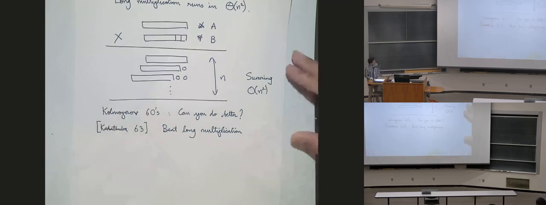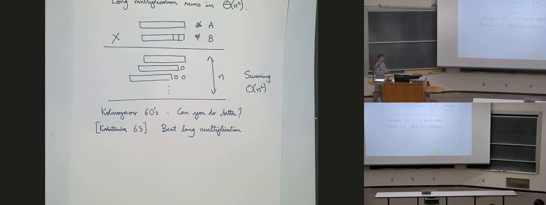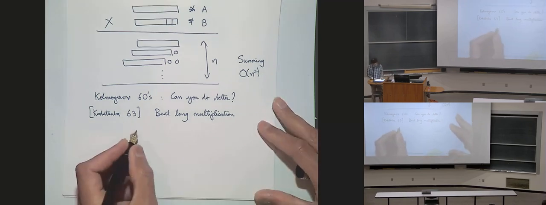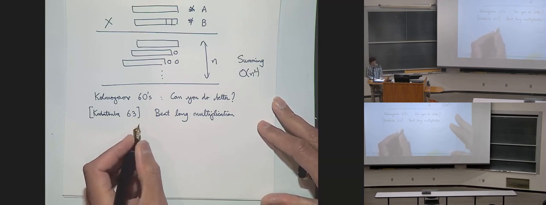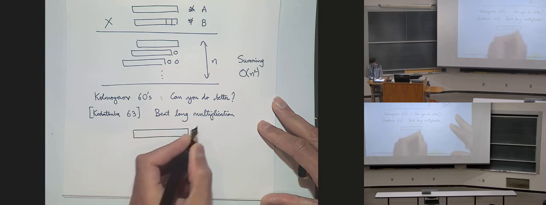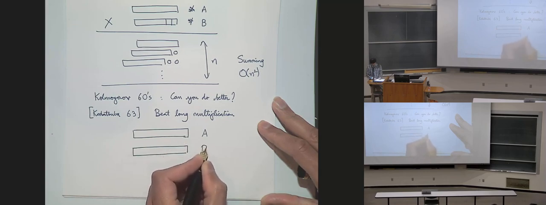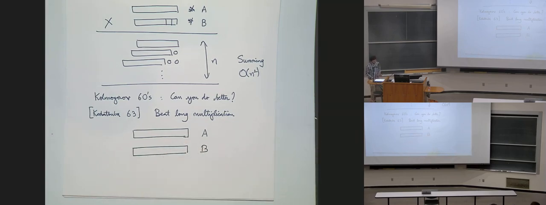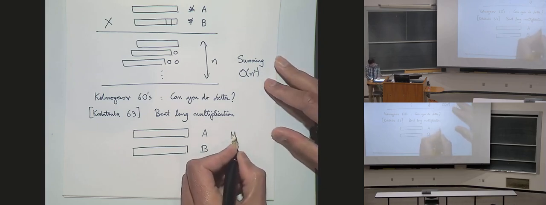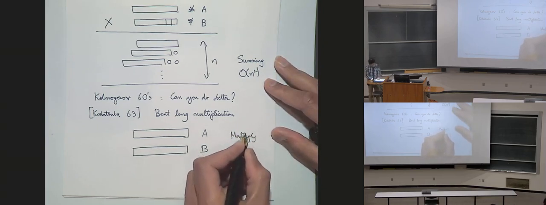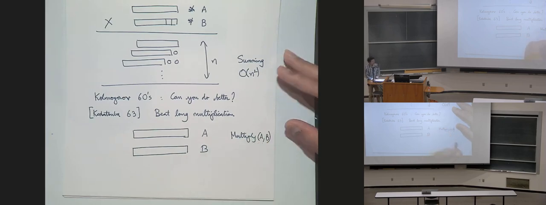Okay. So what I'm going to do is show you how to do this by divide and conquer. I'm going to show you the wrong way of doing it, and you'll see that the wrong way basically just gives you long multiplication again. Then there's a clever trick, and the trick will lead to the improvement. So if you wanted to do divide and conquer, this is A, and this is B, and we want to multiply AB.